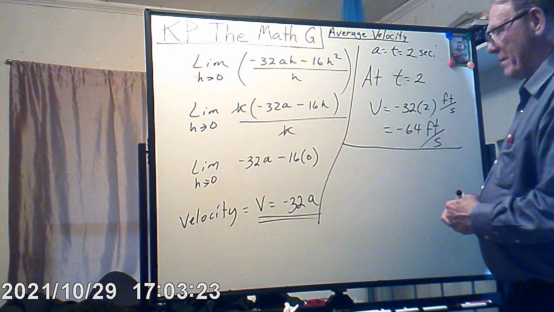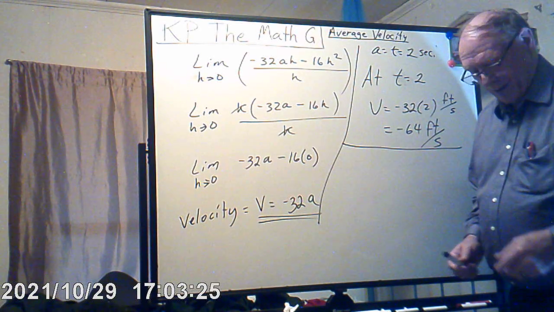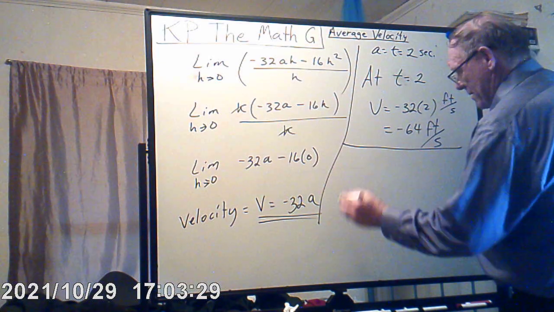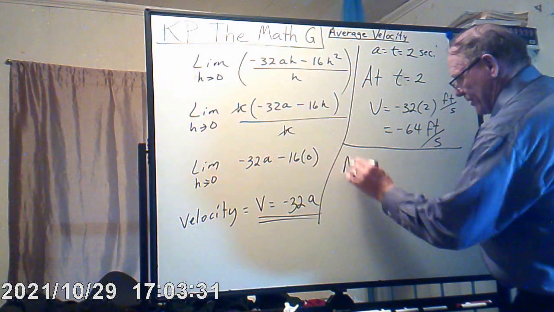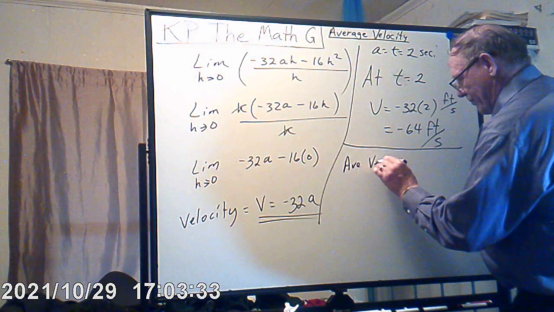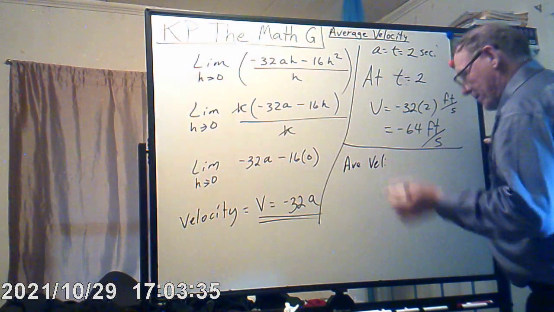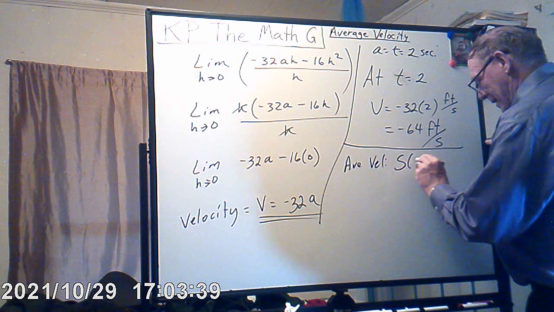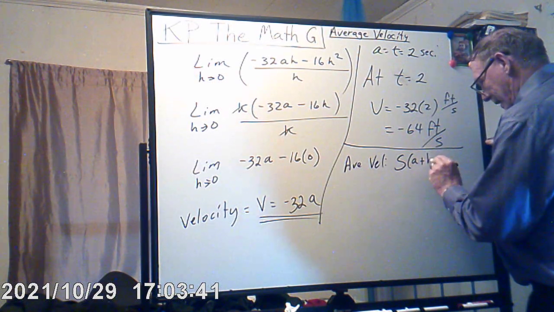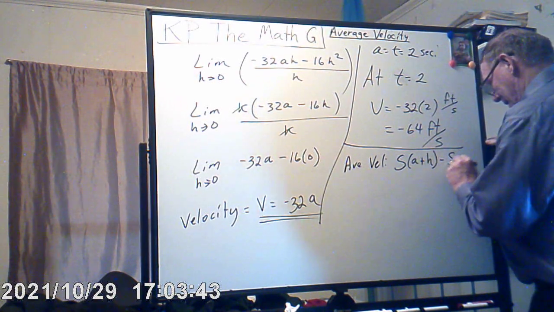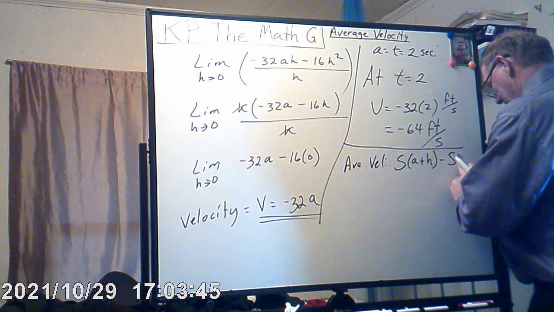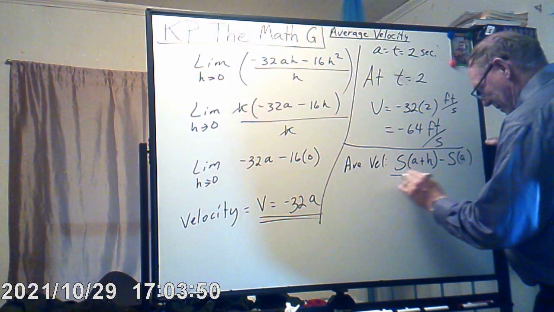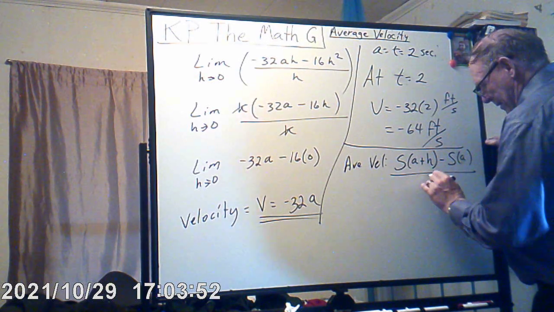So just keep in mind the two things that we talked about. The average velocity is going to be given by s at A plus h minus s at A. Okay, if you want to say t, you can, all over h.